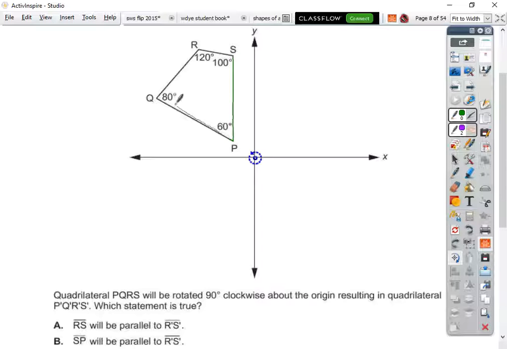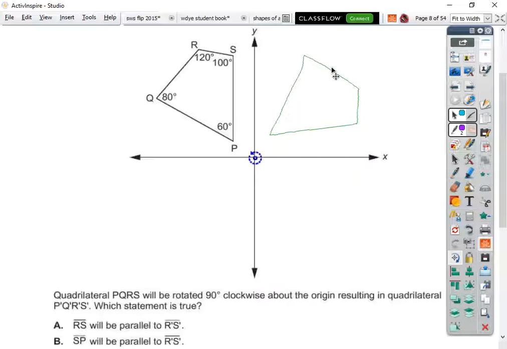Now, if I were you, I would just take my paper and rotate it. But since that was such an arduous thing to do last time, let's just draw. So I rotate it 90 degrees clockwise again. This looks something like that. So RS and S prime.